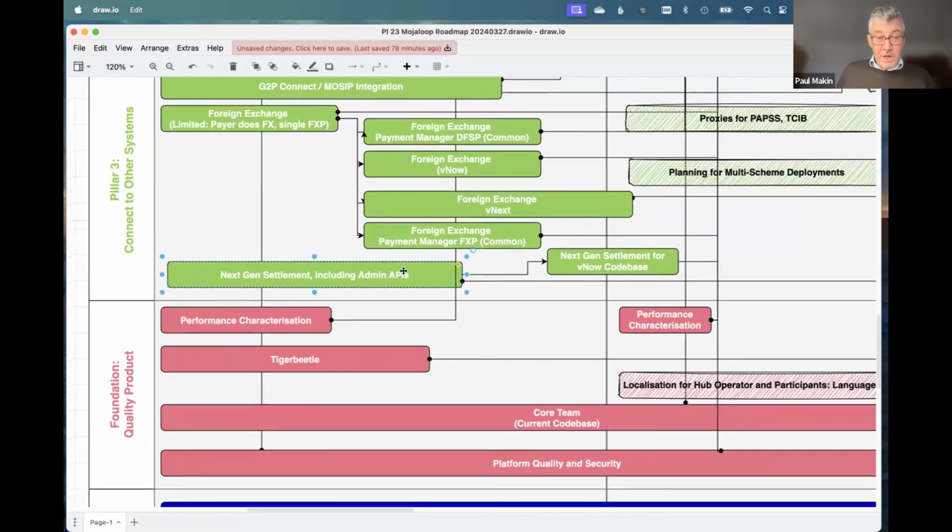There is quite a lot of work in next gen settlement remaining in the integration of the administration APIs into the VNow code base here and that integration into the VNext code base hasn't been completed either. So that's an ongoing piece of work.